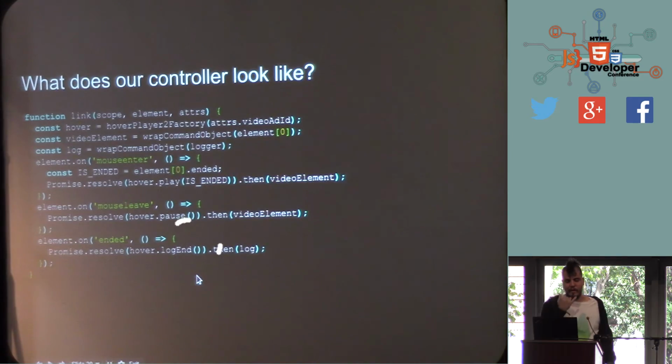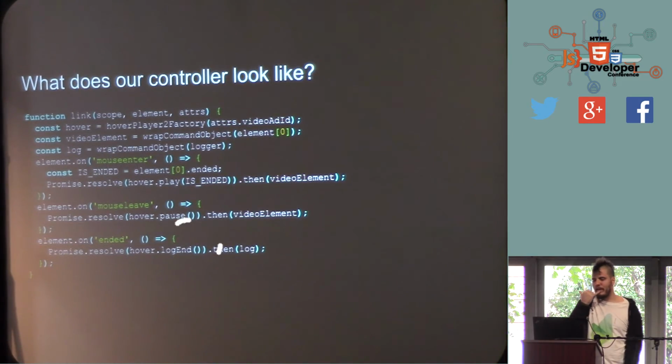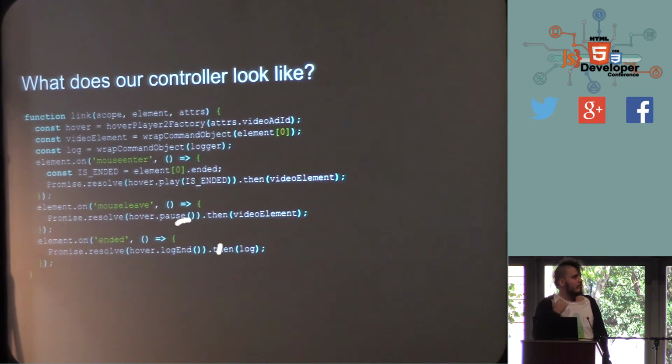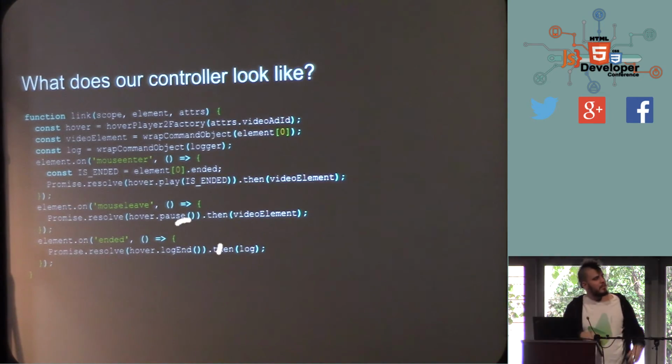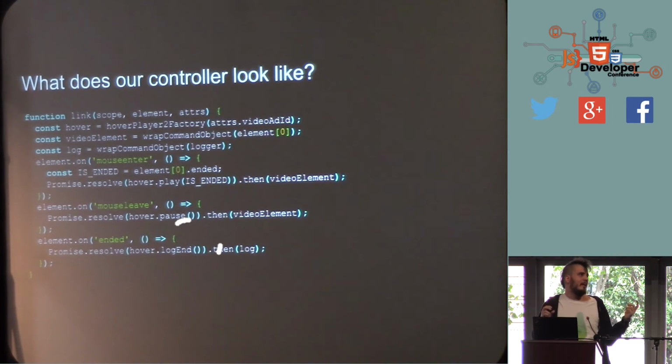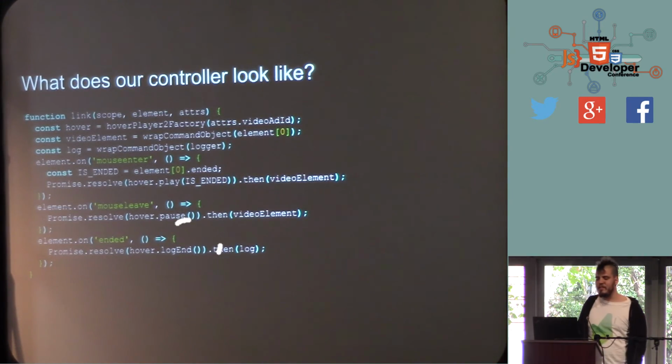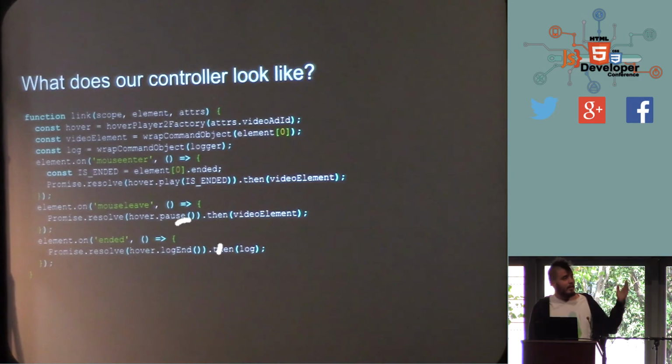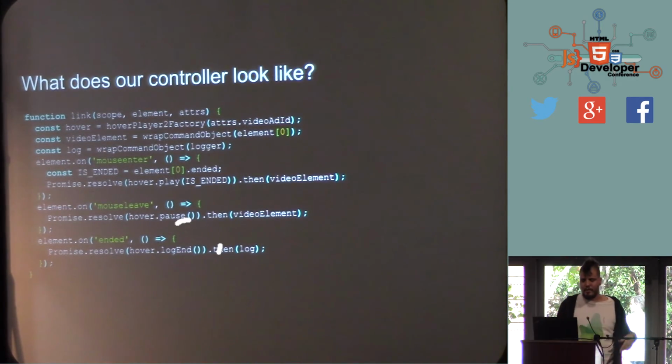So how does our controller look in this case? In this case, you do not inject your entities. You just create all the related things here, so for example, the hover interactor and also the video element and the logger.